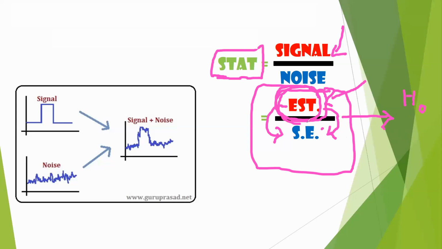If your estimated statistic is very close to the standard error, then we don't believe this is a significant signal. Then we're going to accept the null hypothesis, and in this case this locus is irrelevant to the phenotype. Is that clear?